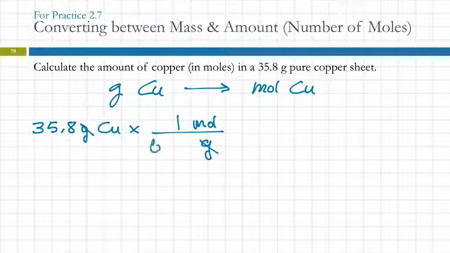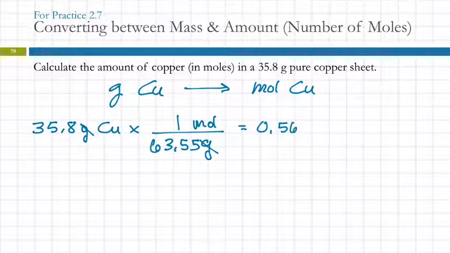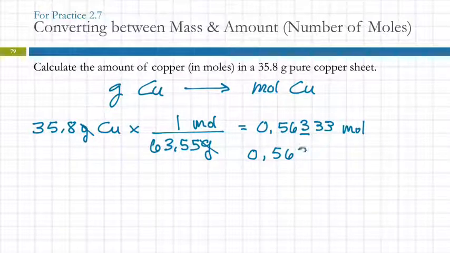So 1 mole of copper weighs 63.55 grams. Done. So 35.8 divided by 63.55. I know that my answer is going to have 3 sig figs because of the starting number. So I've got 0.563, and the next 2 digits are 33. The unit is mole, and then I'm going to round to 0.563 moles.